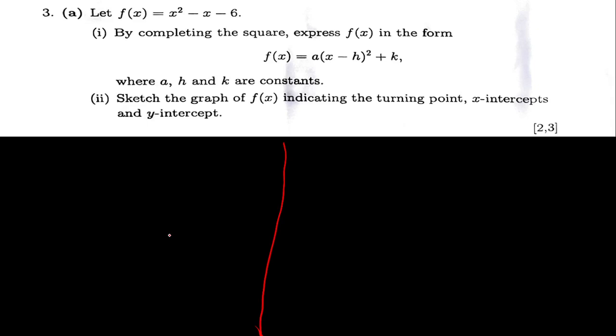Remember, the TP is half over negative 25 over 4. That's the TP, the turning point. So this time around it's this side. So yeah, that's a very good position.